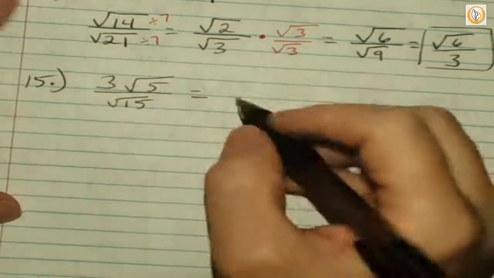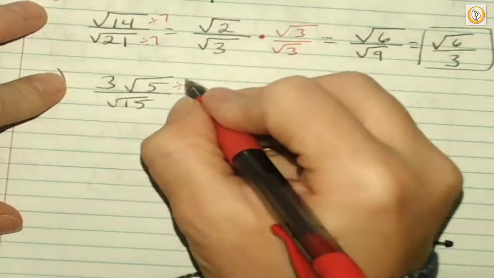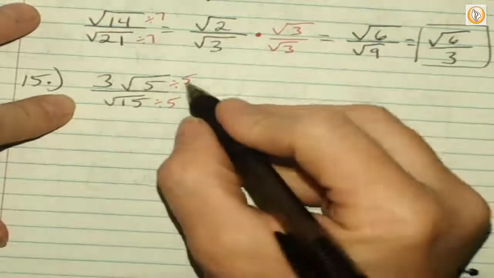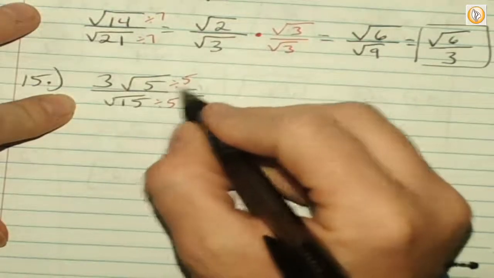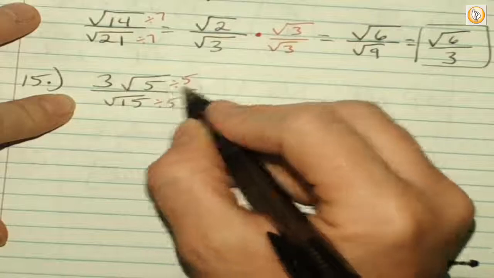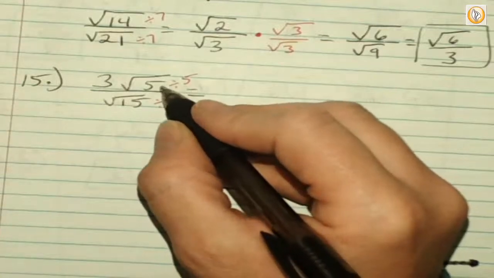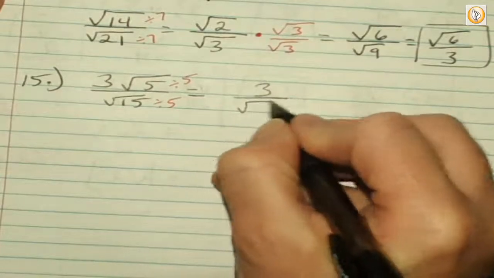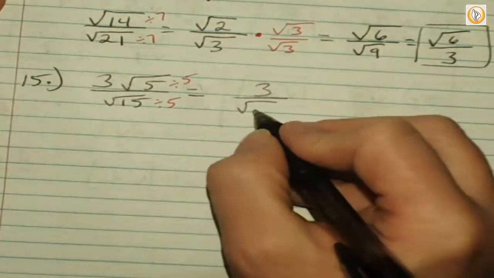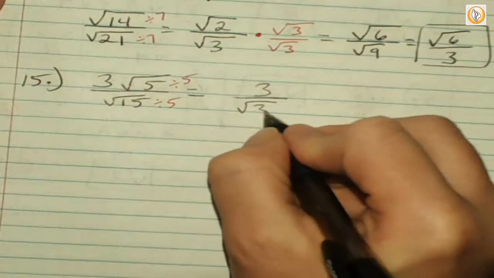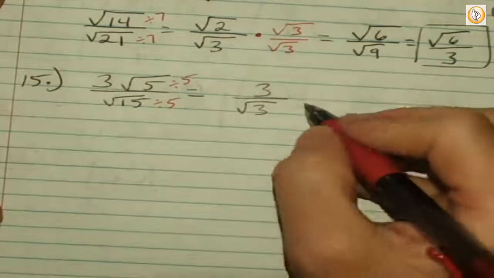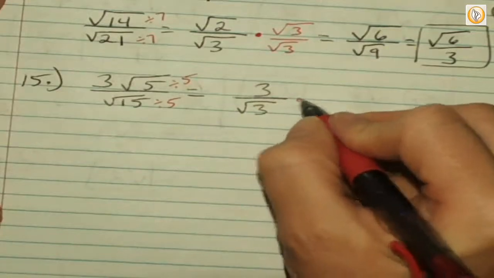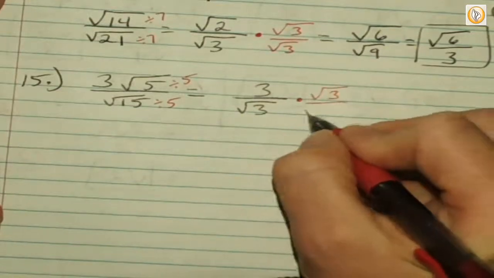Yeah, that'll work. So what he's doing is simplifying by 5. That becomes 1, because 5 divided by 5 is 1, and you don't need a radical of 1. So you're left with 3 over square root of 3. Now what do you do? You can't have the radical at the bottom, so you multiply the top and the bottom by square root of 3.